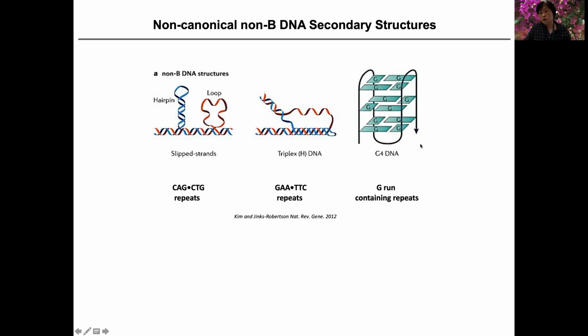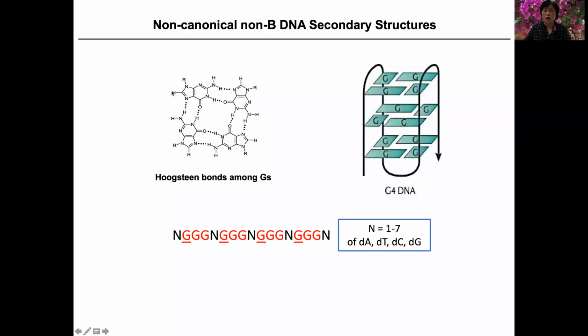For today's talk, I'm going to focus on another structure, sometimes referred to as a four-stranded DNA, because it looks like there are four different DNA strands involved, but this is actually made up of a single strand interacting in a very weird way. And this very weird way is actually four guanine bases interacting with each other, forming a ring or a square-like structure, depending on how you see it.